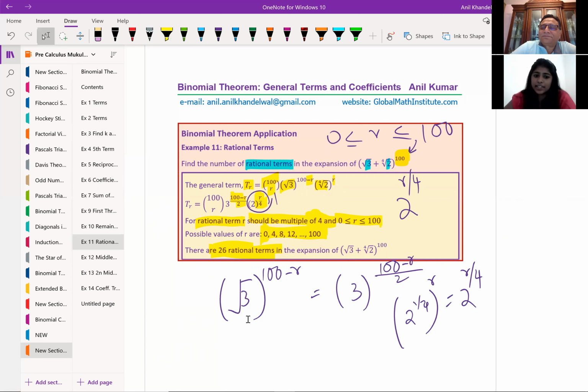Like we did, root 3, write it as 3 to the power of a half, and work from there. Also, when finding the possible values that r could be, when doing 100 divided by 4 is 25, don't forget to add 0. Otherwise, after all that working, you'll be wrong.